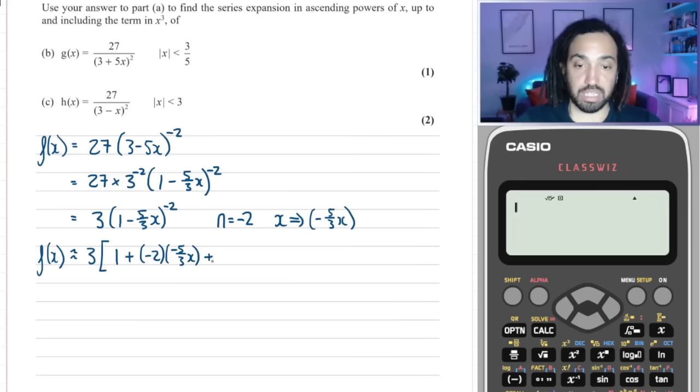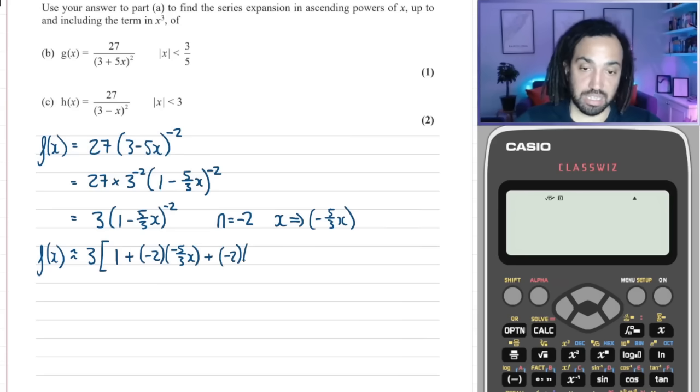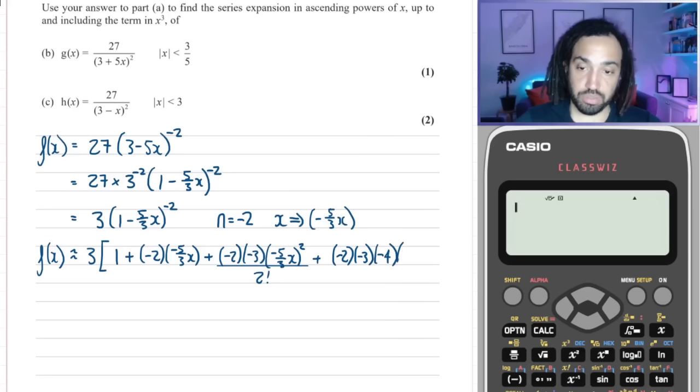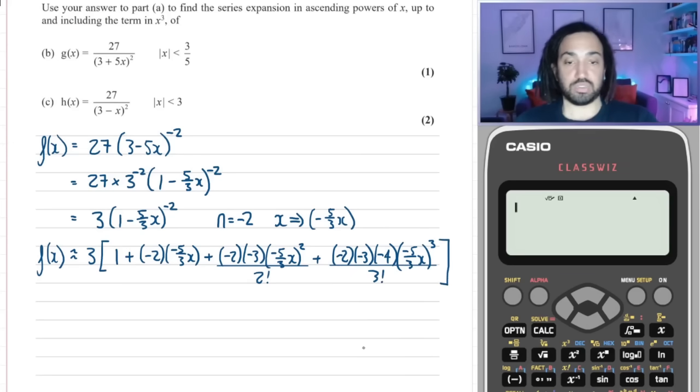And then it's plus n minus 1 x squared over 2 factorial plus n minus 1 n minus 2 x cubed over 3 factorial. And that's all we need to go up to.